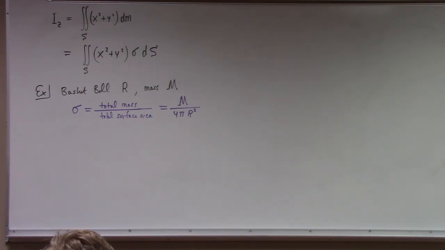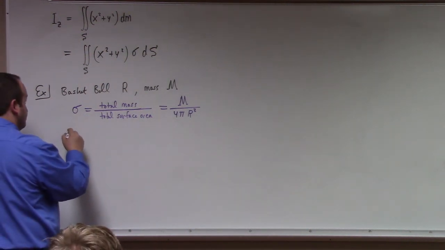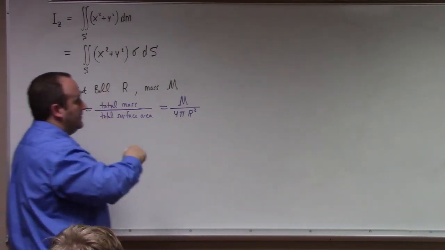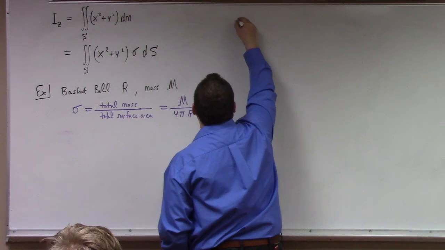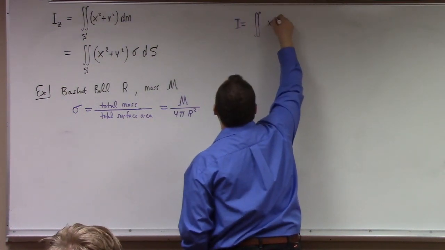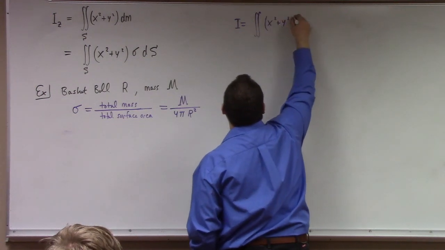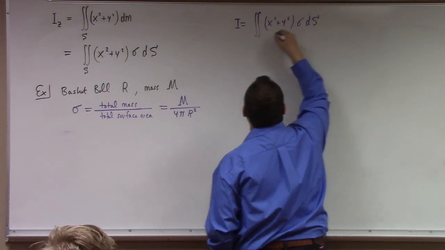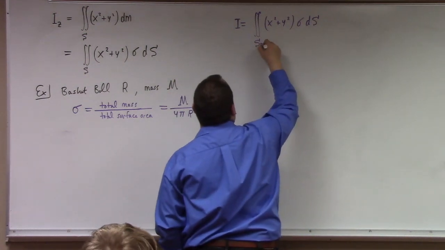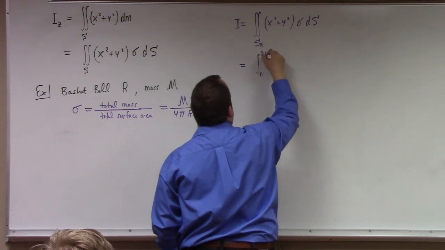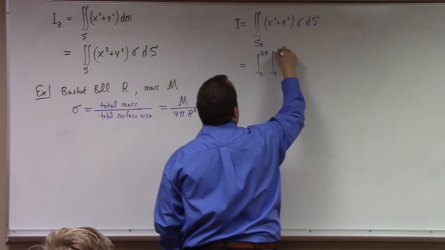I want to calculate the moment of inertia. So I'm supposed to calculate the integral. Well, I'm not going to have enough room here, so I'm going to start over here. The moment of inertia is the double integral of x squared plus y squared sigma ds. We've got the integral from 0 to 2 pi, integral from 0 to pi.